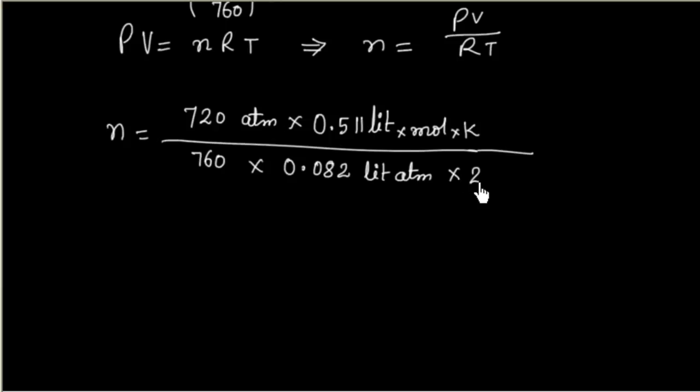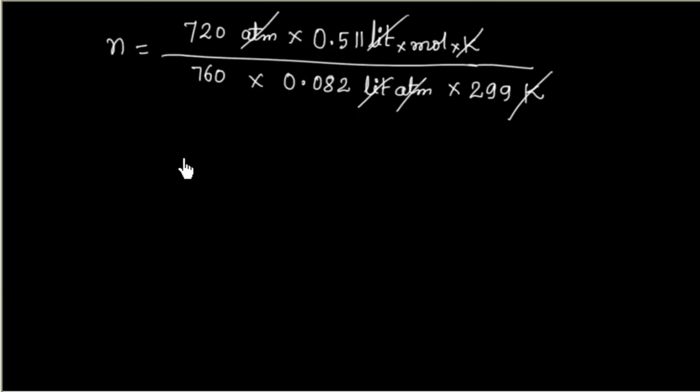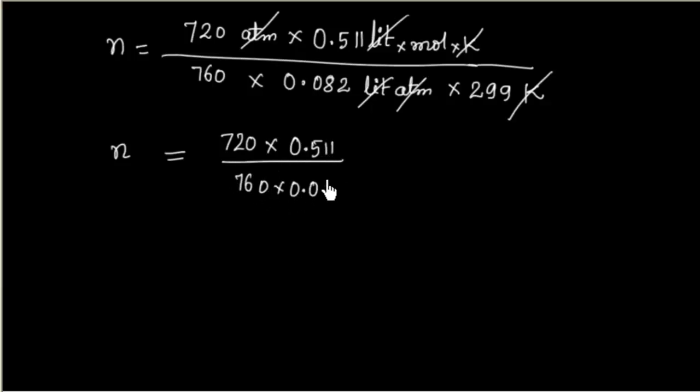Kelvin goes, atmosphere goes, liter goes. So the moles of nitrogen is equal to 720 multiplied by 0.511, divided by 760 into 0.082 multiplied by 299.